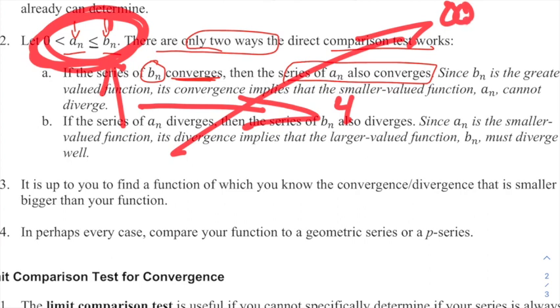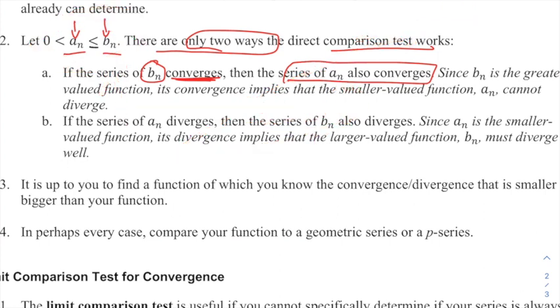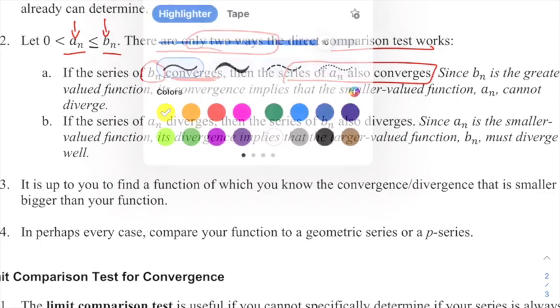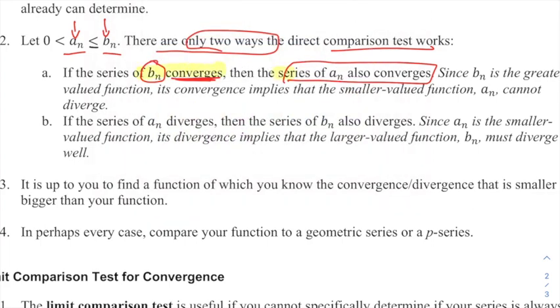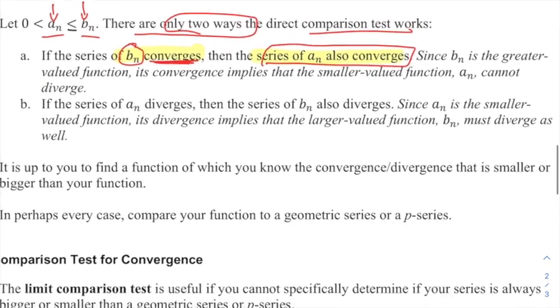It can't break past the bigger series. Now, just because the bigger series might point to 4 doesn't mean the smaller series also points to 4. Remember, we're not trying to answer what it converges to. We're just trying to answer if it converges or not. So we'll say it again: the first of the two ways is that if the bigger series converges, then your smaller one will also converge.